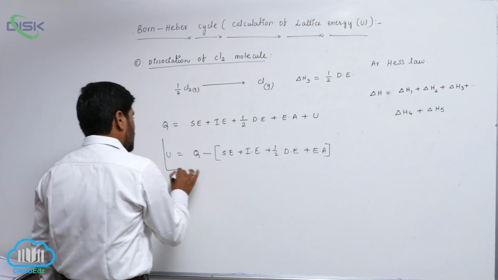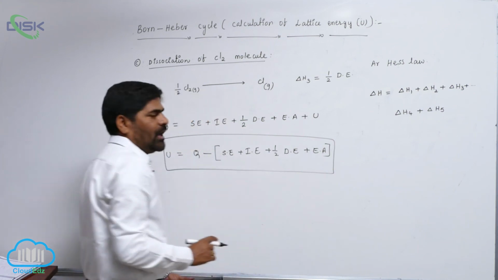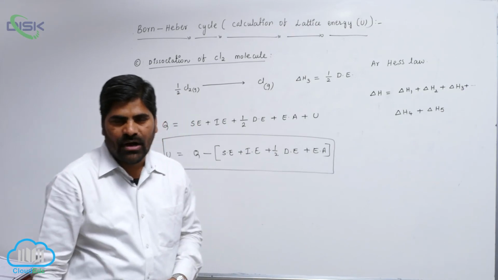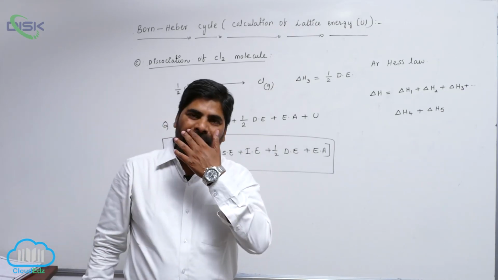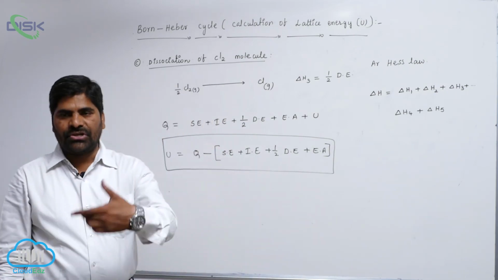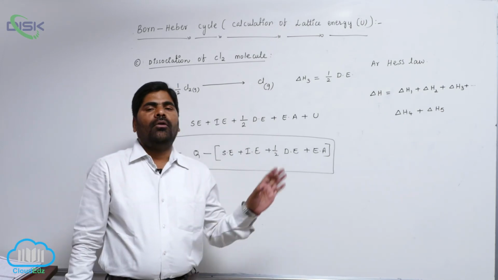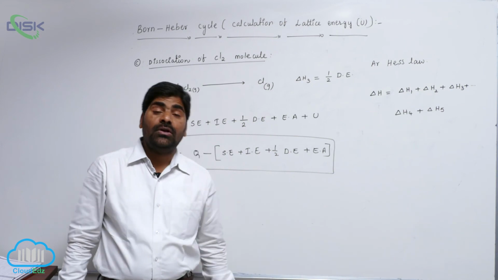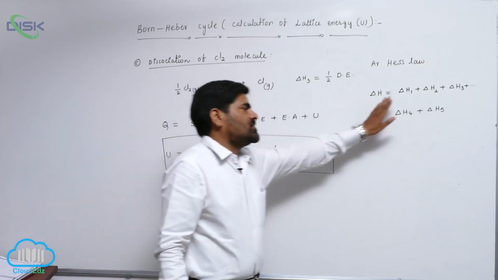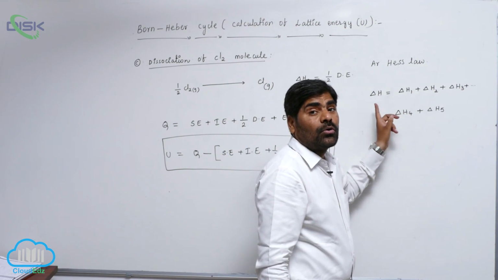By using this principle, we can calculate lattice energy. This particular cycle is known as the Born-Haber cycle. So: sublimation of sodium metal, ionization of sodium metal, dissociation of the chlorine molecule, then ionization of chlorine and formation of sodium chloride crystal. As per Hess law, the sum of the energies of all the processes always equals the total heat change.